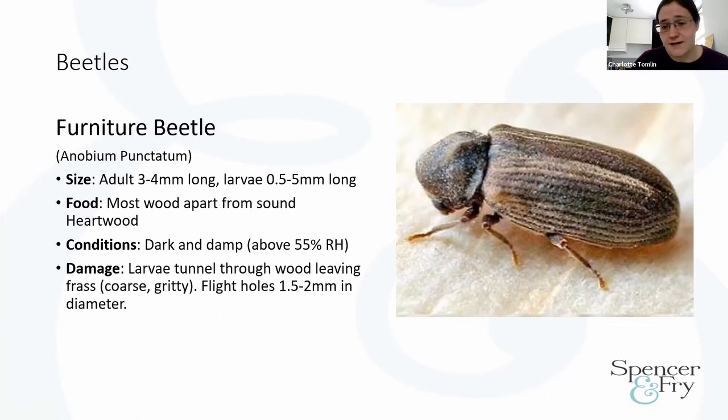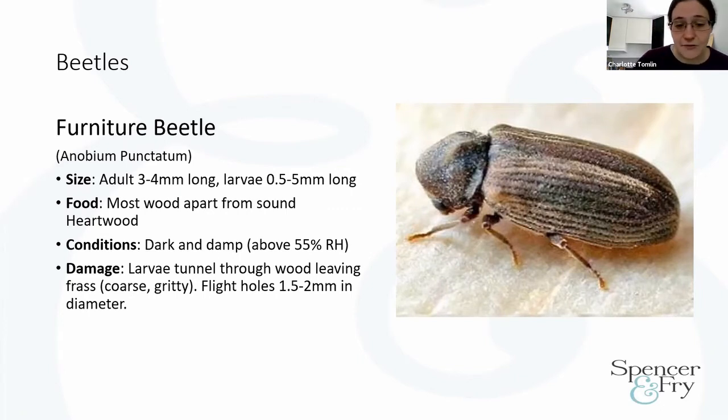The beetles land on the material that they like to eat, lay their eggs. The larvae tunnel through the wood, in this case leaving a coarse and gritty frass, unlike the rounded pellets of the deathwatch beetle.